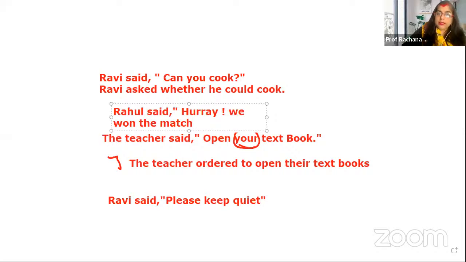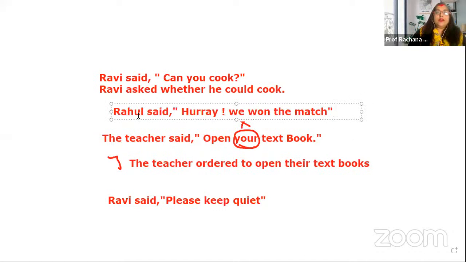Yes. Now that is an exclamatory sentence. You have written here, hooray, we won the match. Rahul said, hooray, we won the match. So that's an exclamatory sentence purely because it's a sudden surprise of emotions.